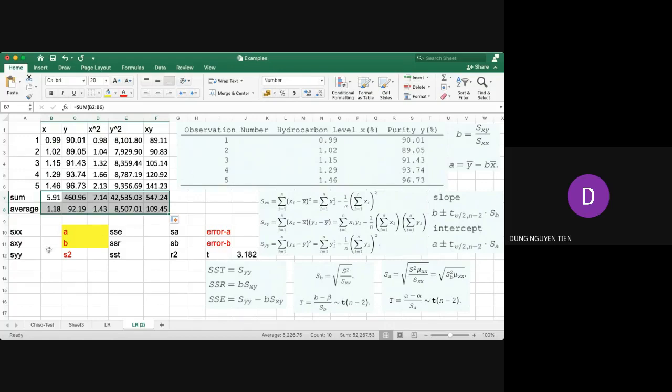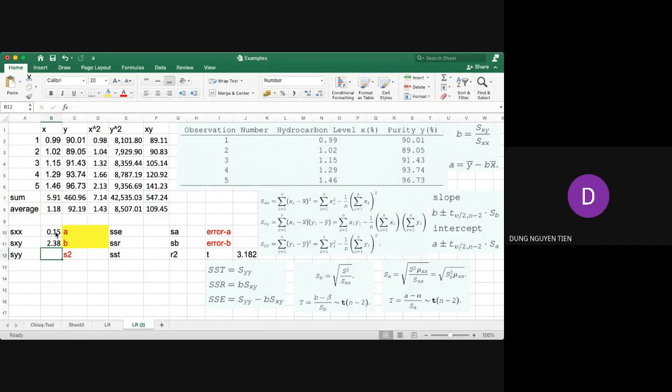You can find the average value. Okay. Now, Sxx is the sum of xi squared minus the sum of xi all squared divided by 5. Okay. Then you get Sxy, the sum of xi yi minus the sum of xi times the sum of yi divided by 5.